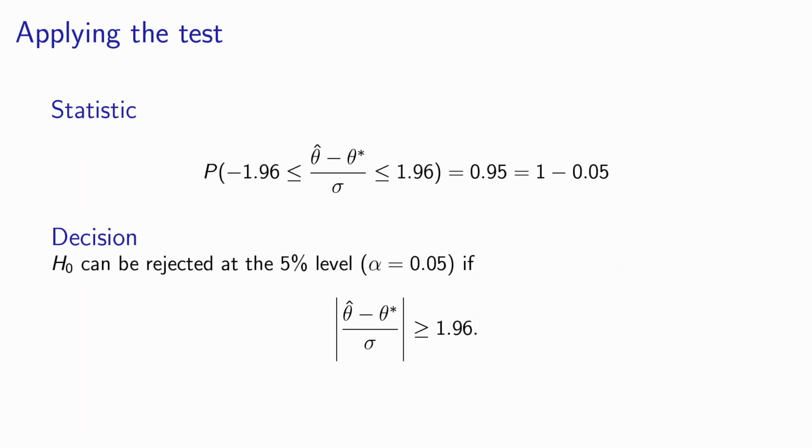The decision that we apply in practice is that we consider rejecting H0 at the 5% level if the statistic in absolute value is larger or equal to 1.96. But remember, I use 5% here for the sake of the example; in the context of specification testing, there is absolutely no problem using a higher value for the level, meaning a lower value for the t-test.